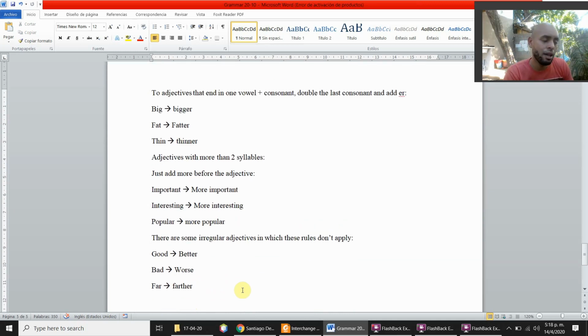Now, there are exceptions, like in every English rule. Here we have some irregular adjectives. You have to learn the way that you modify these adjectives. In them you don't add ER to the end of the adjective. For example, good.